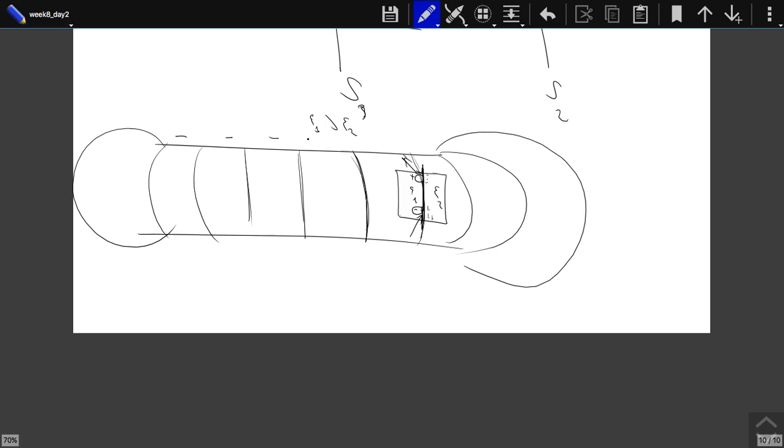This is the negative plate. This is the positive plate. Am I doing something stupid? Epsilon 1 is larger, it's more polarized. Yeah. On the surface.